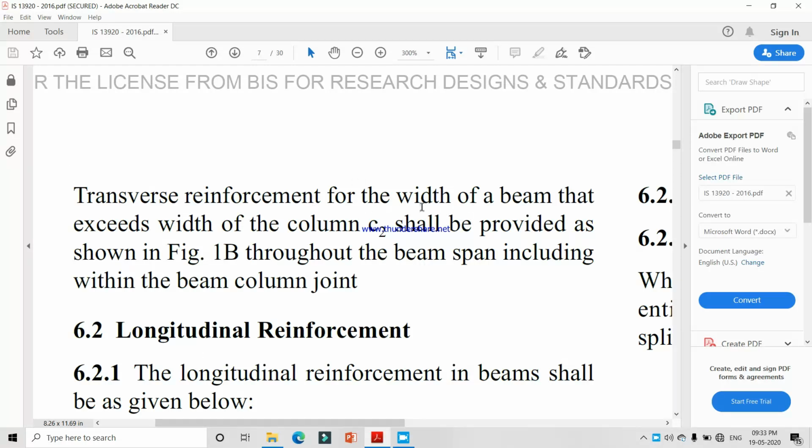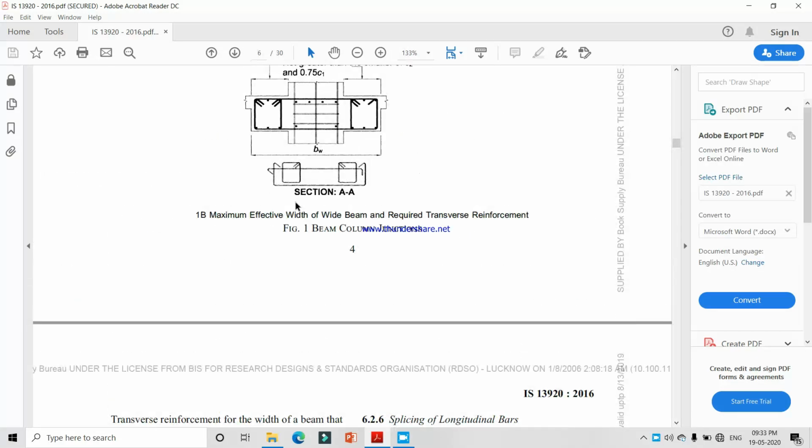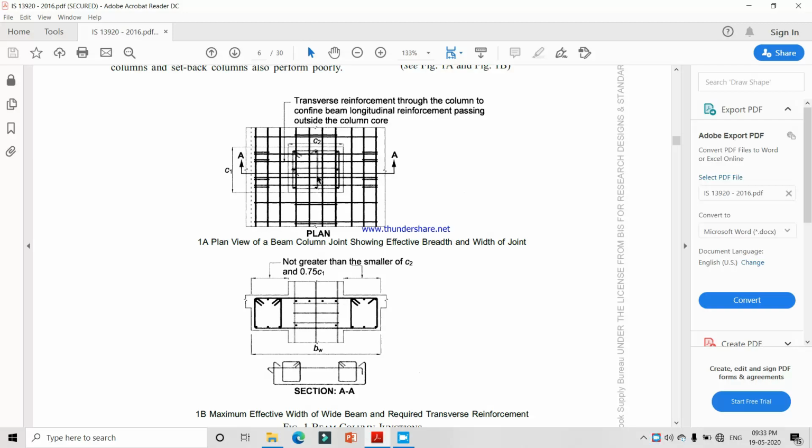For the transverse reinforcement, the width of the beam that exceeds the width of the column C2 shall be provided as shown in the figure. We can see this sketch already.